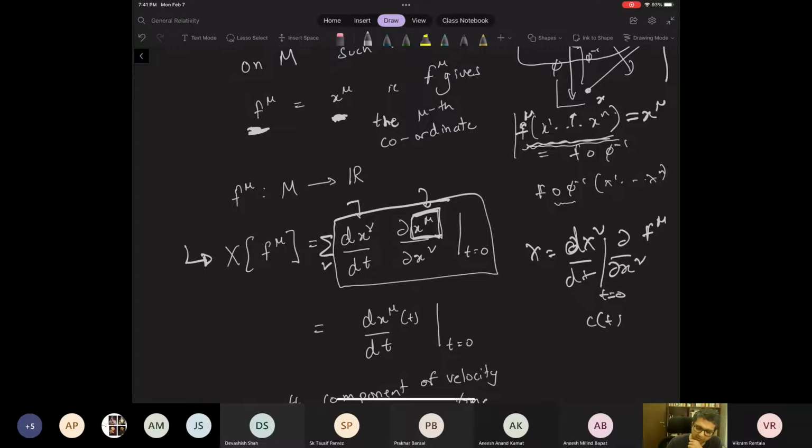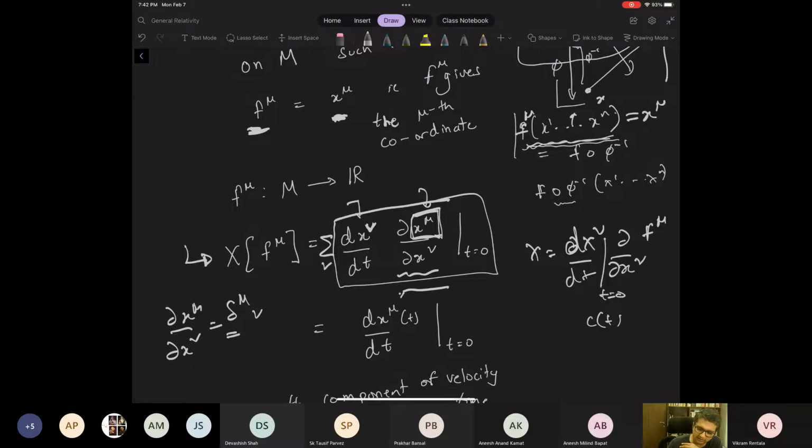Okay, and what is partial x mu, partial x nu? What is that going to give me? Yeah, that's just a delta, Kronecker delta. If mu is the same as nu, it's 1, otherwise it's 0. And so we'll write it like this. And this delta mu nu, when I take it with dx nu dt and I sum over nu, it only picks out the nu value which is equal to the mu value.